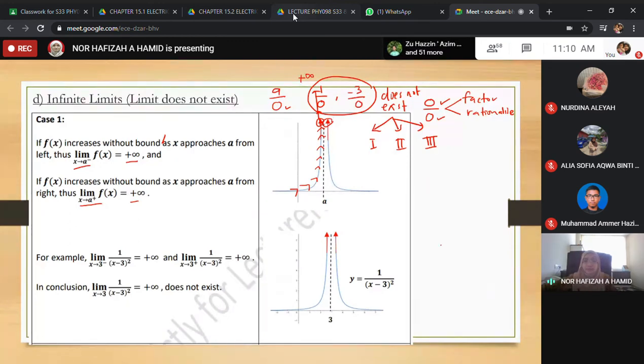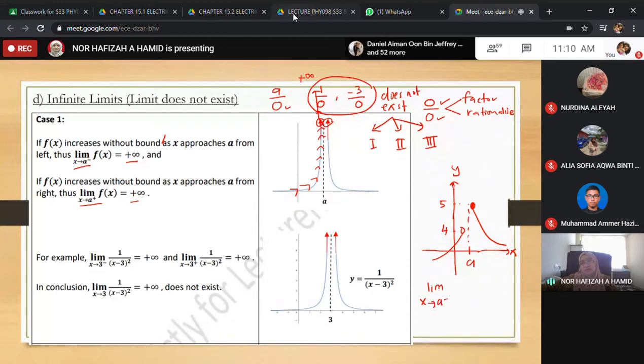So in the previous example, for example you have graph A, this is your function. So this is the example from the previous lecture, you have x and y. Okay, for example if this is 4 and this one is 5. So in this example, when you determine limit x approaches a minus, approach a from the left, you have the answer equal to 4.